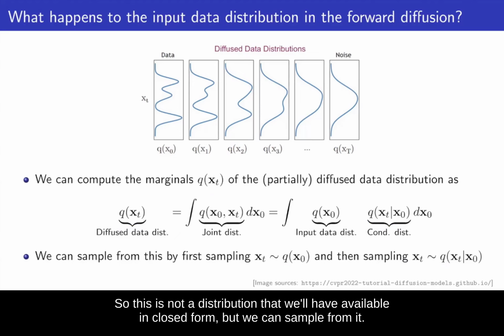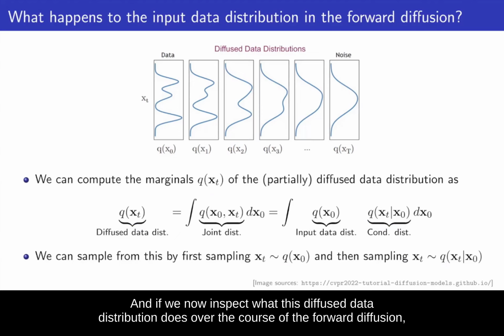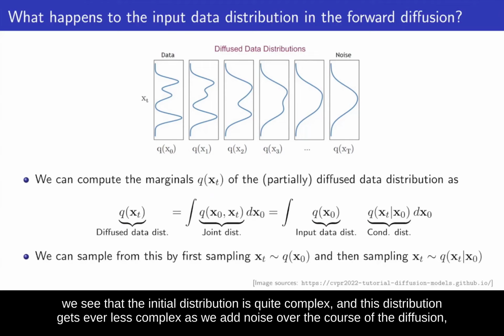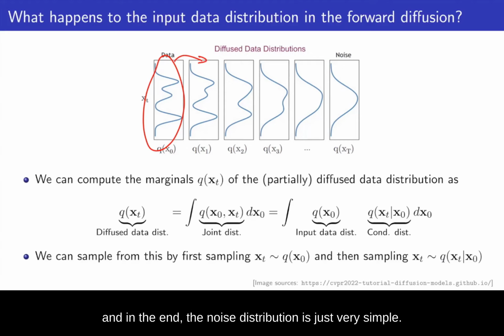And if we now inspect what this diffused data distribution does over the course of the forward diffusion, we see that the initial distribution is quite complex, and this distribution gets ever less complex as we add noise over the course of the diffusion, and in the end, the noise distribution is just very simple.